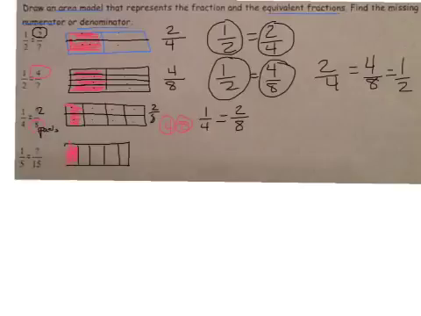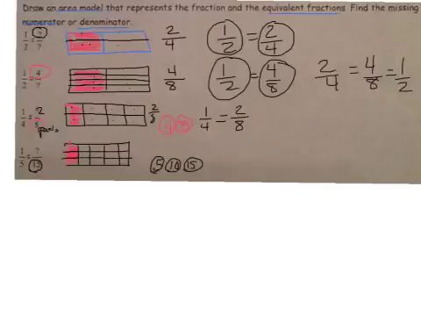And look, it looks like they gave us the denominator, so they gave us the total number of parts. So if I count by fives, 5, 10, 15, 1, 2, 3. So that means I should have 3 groups.